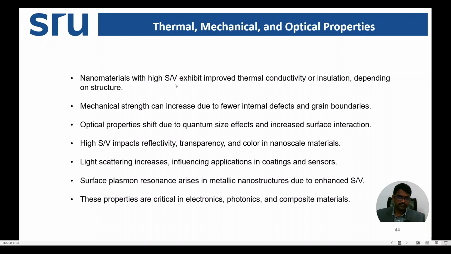Nanomaterials with high surface to volume ratio exhibit improved thermal conductivity or insulation depending on structure. So we know that high surface to volume ratio will improve the conductivity. Mechanical strength can increase due to fewer internal defects and grain boundaries. What it means? For example, if we prepare a material and it has some defects, some flaws, then it will affect the final output, the final efficiency, the final application.